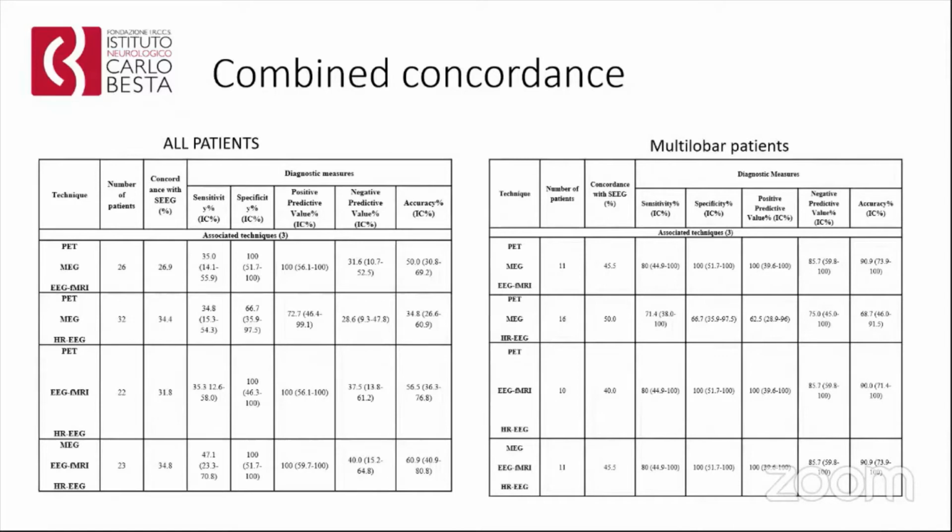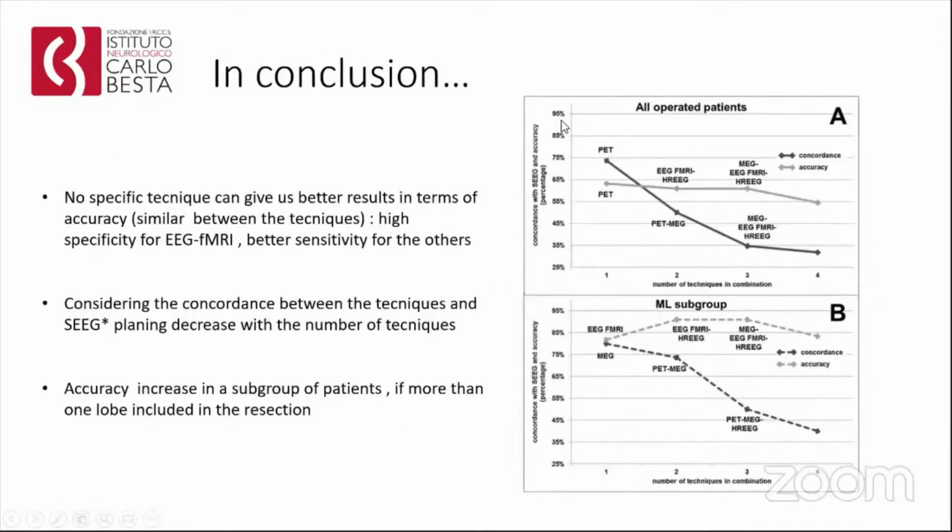This summarizes what we already said: including more than one technique is not useful in terms of concordance for all the patients, nor for the subgroup in terms of concordance with surgical planning.